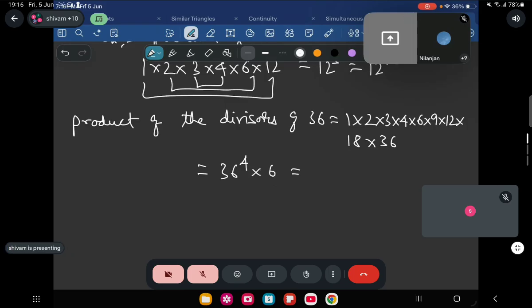Now this 6, can I write it as 36 to the power half? When bases are same, powers are added. So it will be 36 to the power 9 by 2. Yes, so it happens. In case of a perfect square, whether you take a perfect square or you don't, it will always happen. I hope this is clear to everyone.